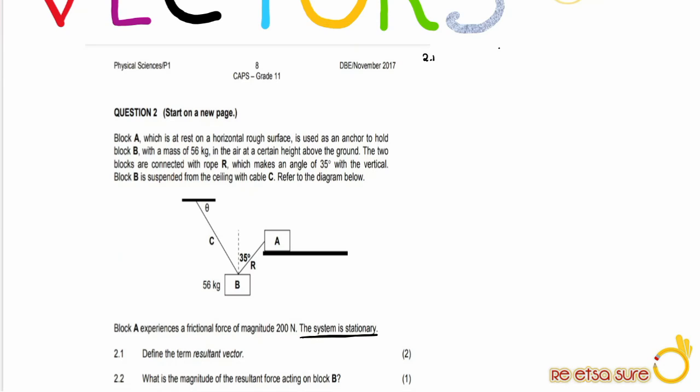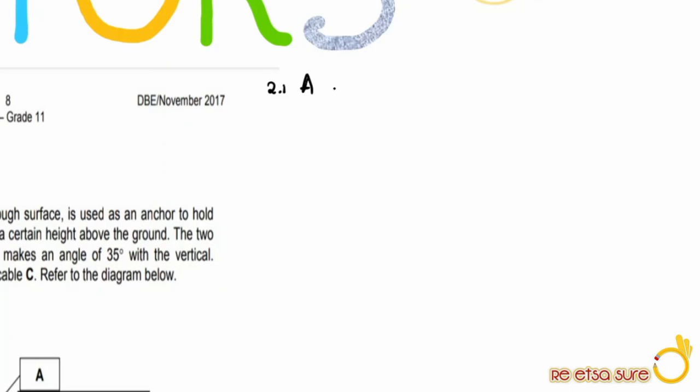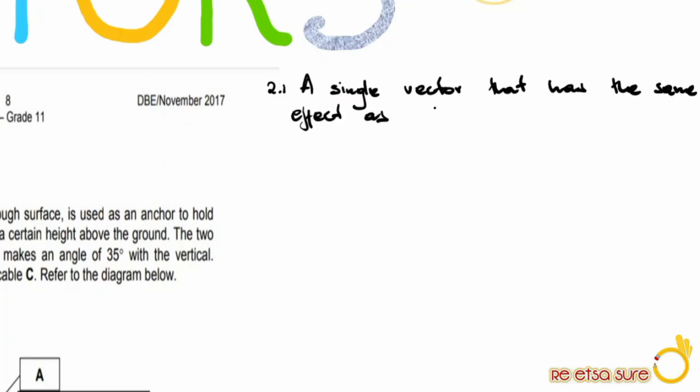Don't come up with your own definition. Please do make sure that you get the definition straight from the examination guideline. So a resultant vector on our examination guideline is defined as a single vector that has the same effect as 2 or more vectors together.